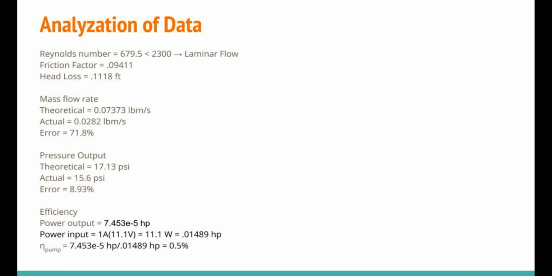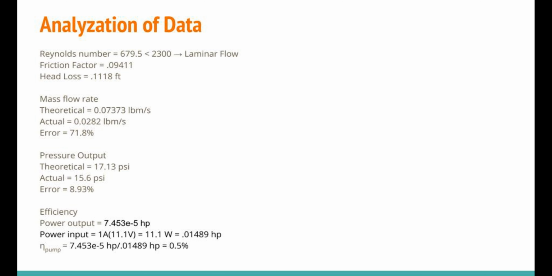For the efficiency, we used the previously stated friction factor and head loss to calculate the pump power output, which was found to be 7.453 times 10 to the negative 5 horsepower. And for the input power, we multiplied the voltage and the current that was inputted into the stepper motor, which were 1 amp and 11.1 volts, which equated to 11.1 watts or 0.01489 horsepower.